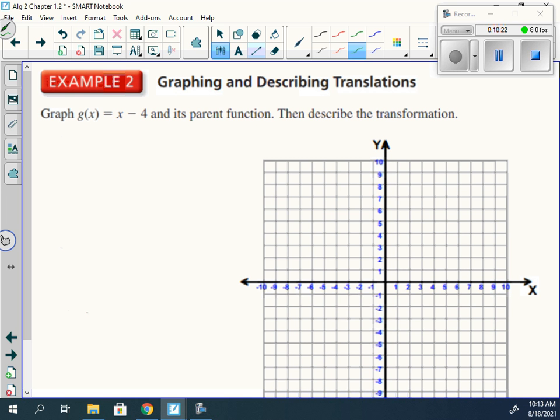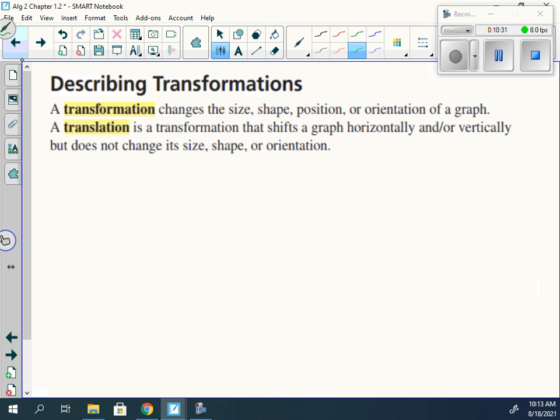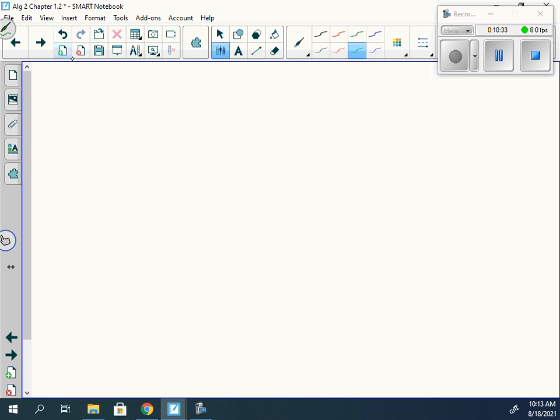On the very last page, is it blank on the note sheet? Yes. I need to add this in here. Go to the very back, since it's blank, the very last page of the note sheet.